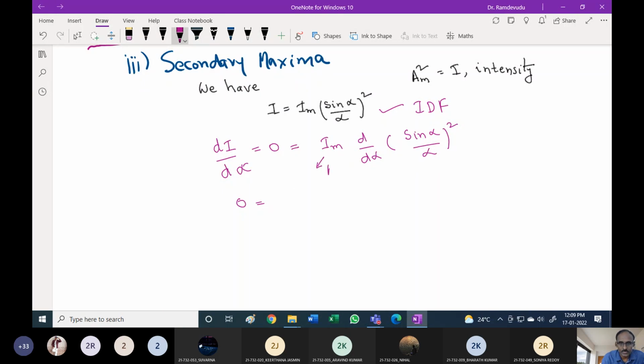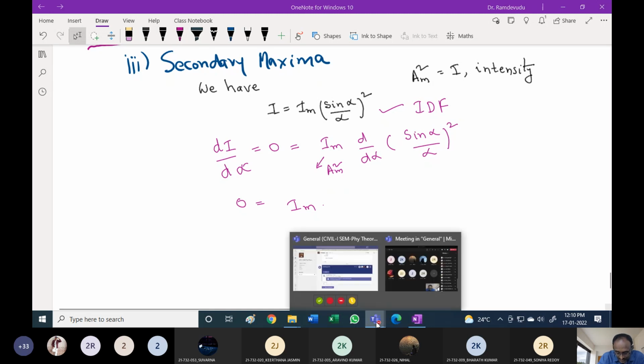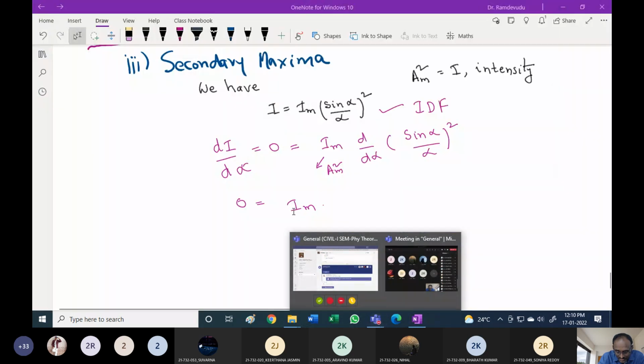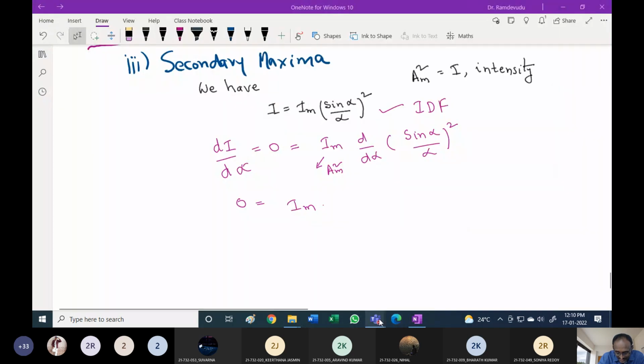This is nothing but Am square, because it is intensity. So I write 0 equal to Im. Roll number 59, can you do it?